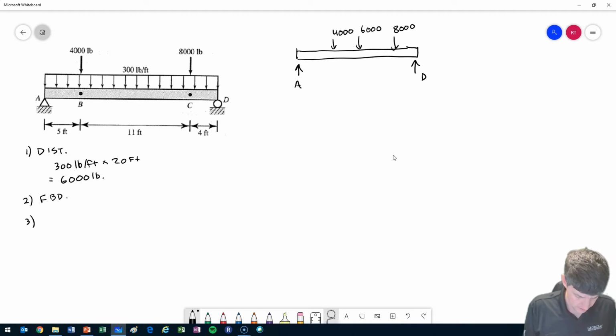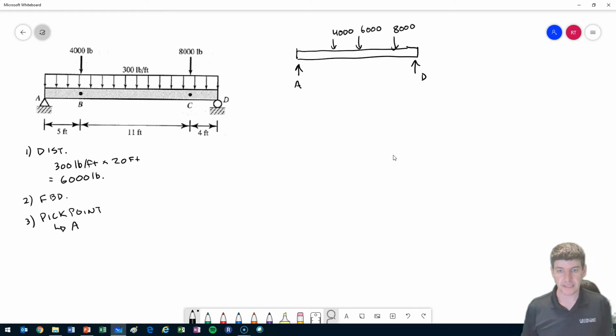Okay, 3. Pick a point. Okay, and I think in this case I'm going to pick point A. It meets my criteria, it's an unknown, and it's at one of the ends. From there, do some distances.